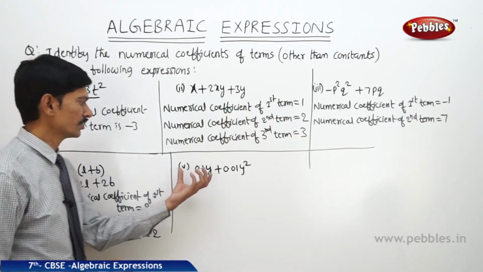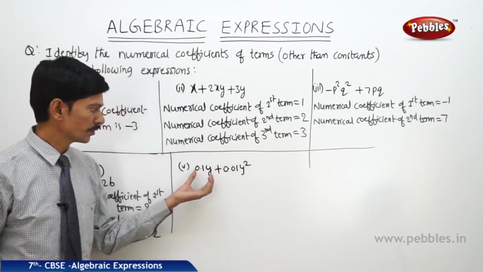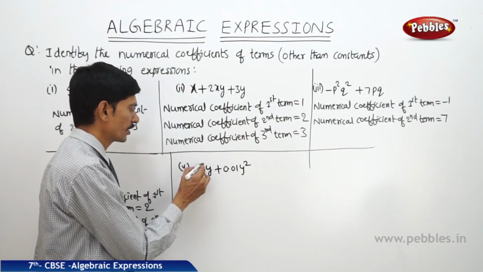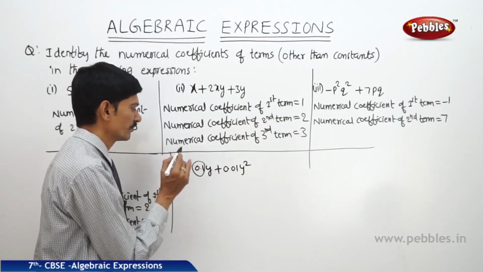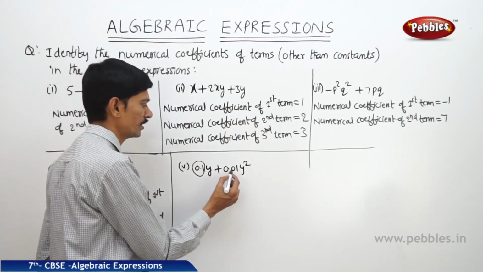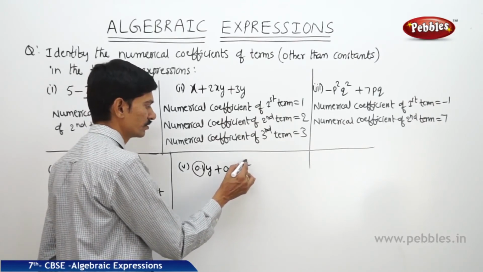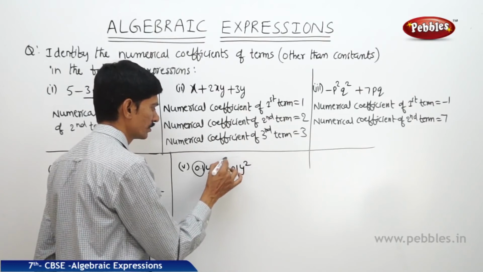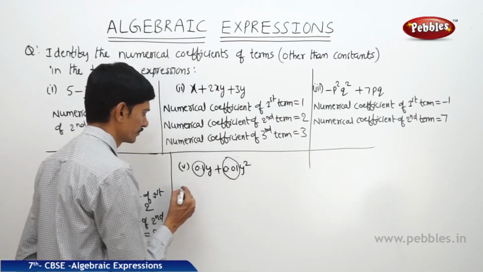Next, fifth algebraic expression. What is the numerical coefficient of the first term? 0.1y. So the numerical coefficient is 0.1 and the second term is 0.01 y square. So the numerical coefficient of second term is 0.01.